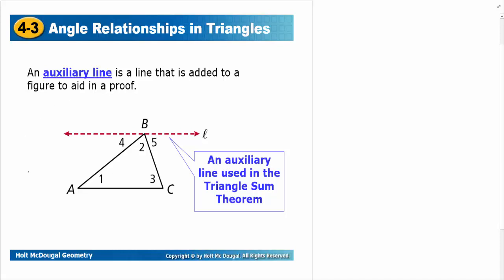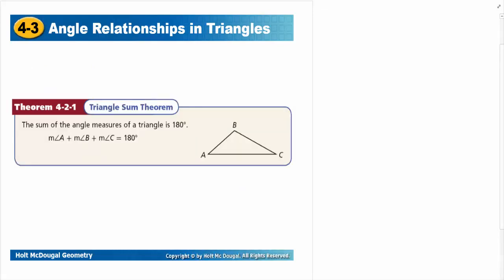This is kind of how you would prove the triangle sum theorem, is using that auxiliary parallel line that we talked about. So if I went back here and I showed this to you, if I drew an auxiliary line, again, if you're asked to prove this theorem, this is how you're going to do it. And I can call these like angles 1, 2, and 3, and I can call this 4 and 5.